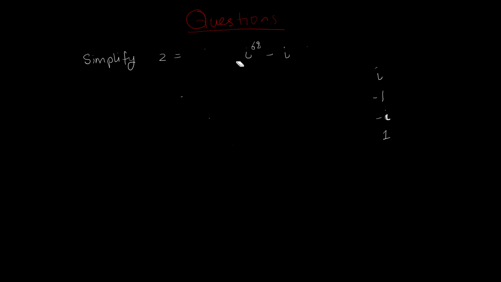Let's discuss another question in which you have a numerator and a denominator. We already did a question similar to that, which is multiply and divide by the complex conjugate, and you get the desired answer.